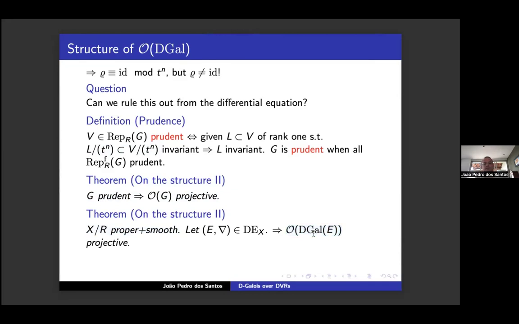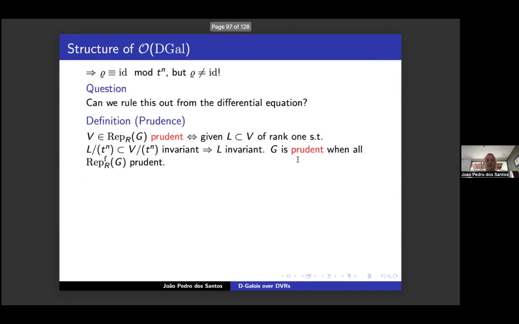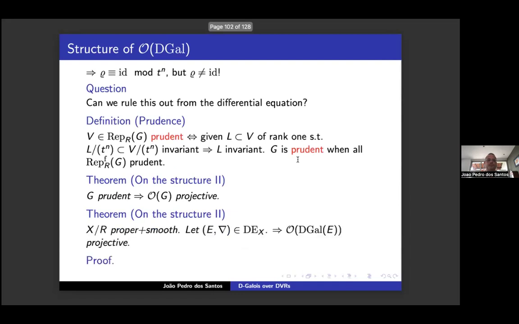So this sort of thing here will not show up, because my equation is defined on an open variety. Then the next step you're going to ask is, what happens if I have regular singularities? We're going to get there. And the proof is just the algebraization of sheaves on proper schemes.